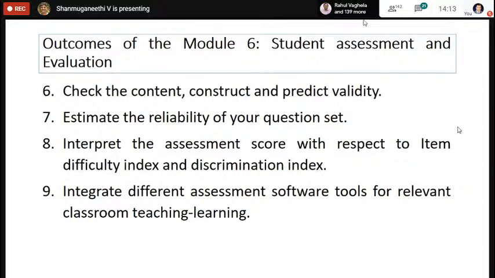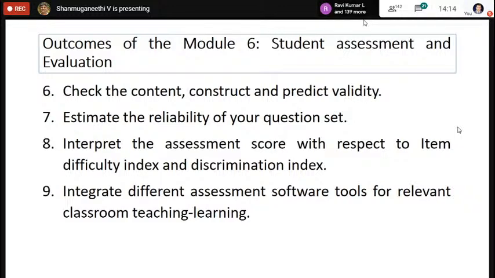Then the 9th unit is completely about the many tools you have learned about in the morning. Dr. Janardhan explained different kinds of tools, but there are different tools we can use for assessment purposes alone, even in the classroom or in your laboratory, or when you are conducting a viva. Wherever you run your class, you can have different tools particularly for assessment.